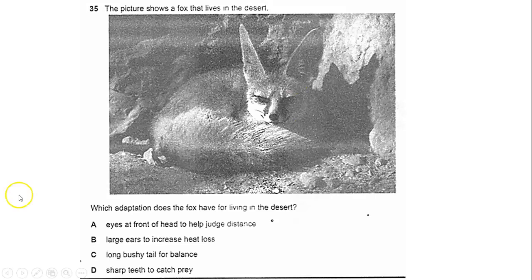So what does this fox need to survive these circumstances? The fox needs large ears to increase the heat loss because the desert is very hot. So those large ears will help the fox to radiate the heat outside of its body in order to stay alive and to decrease its body temperature.